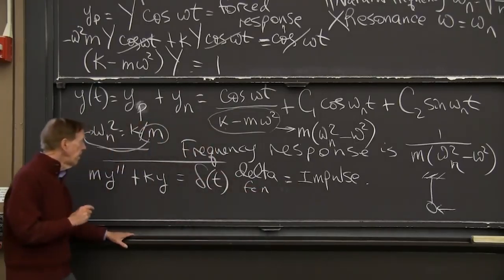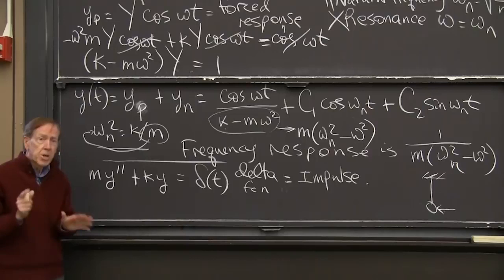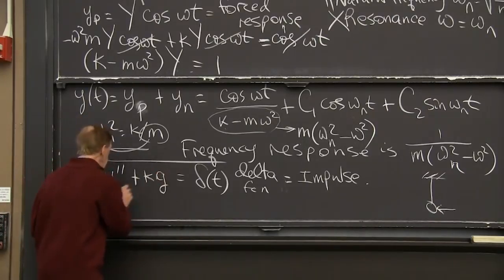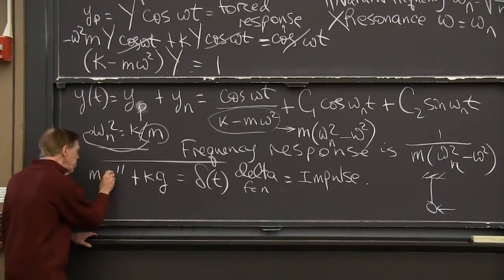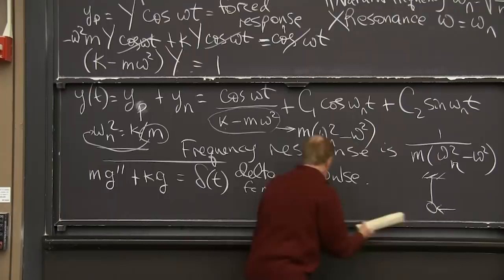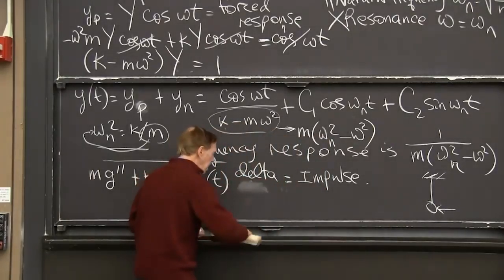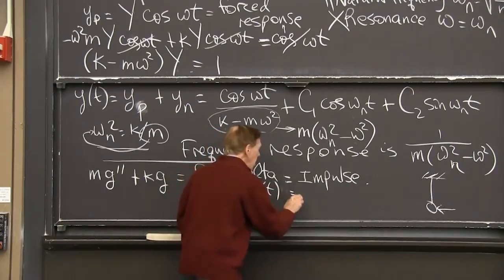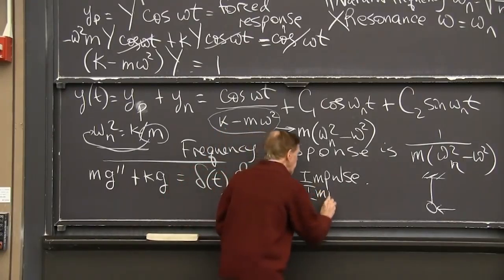In fact, it's so important I'm going to give it its own letter, g. Now can I turn that y into a g? So g of t is the impulse response.